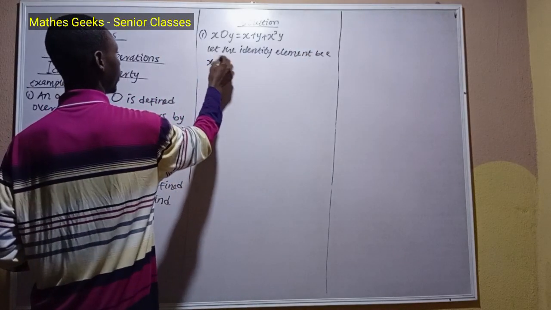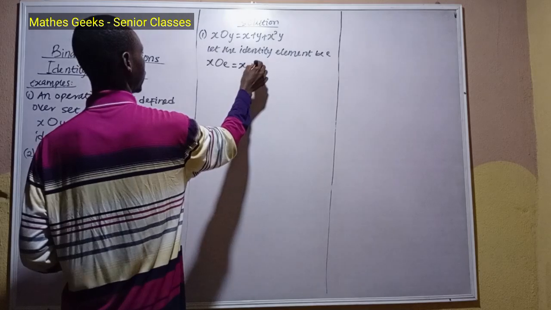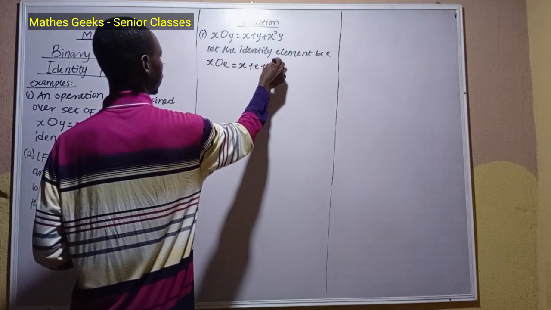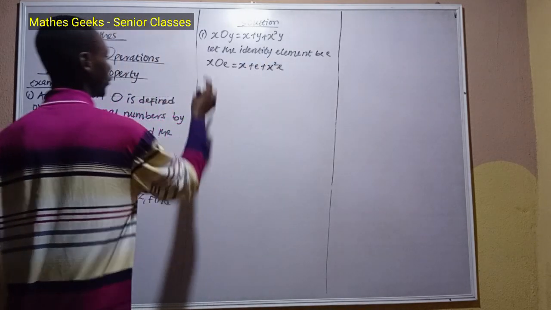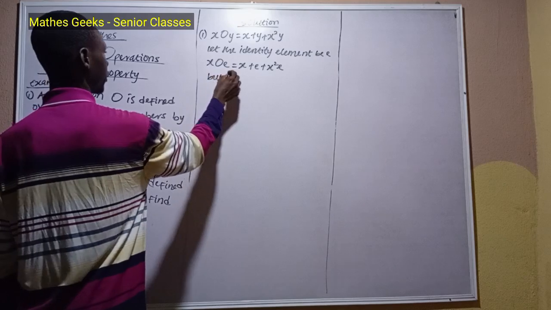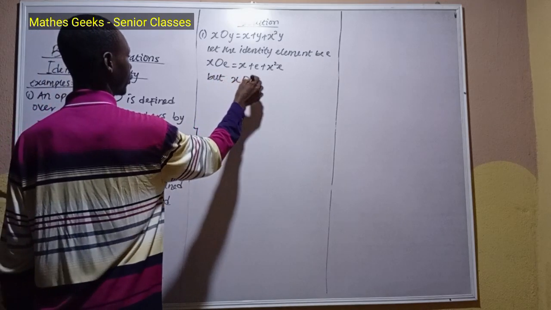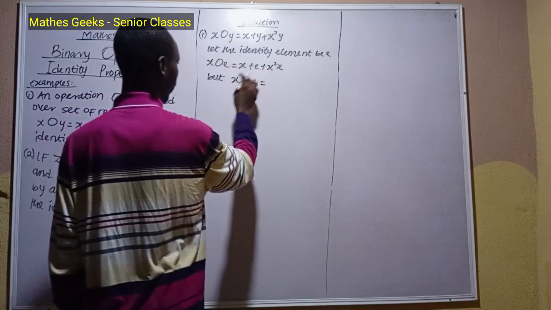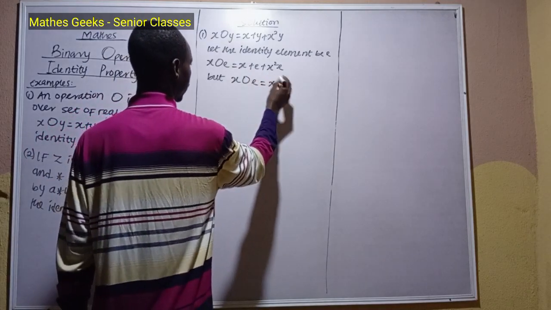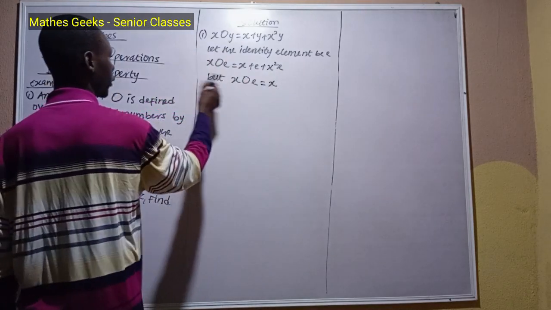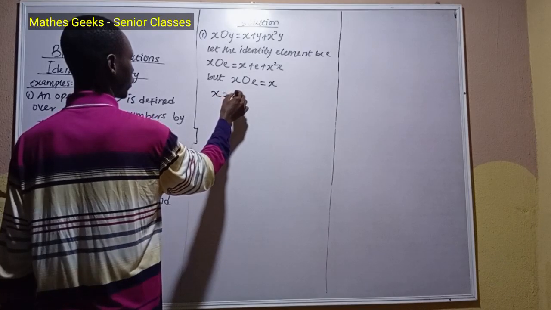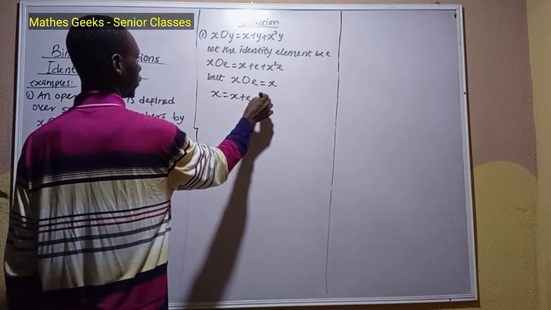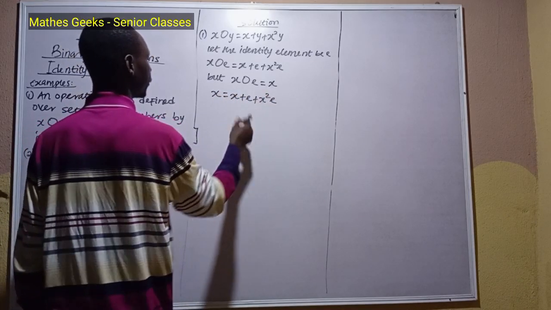So x operation e is x plus e plus x squared e. Now from the identity property, x operation e is equal to x. So put x in place of x operation e. x equal to x plus e plus x squared e.